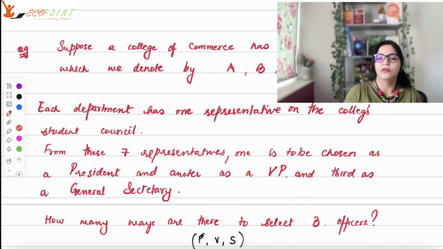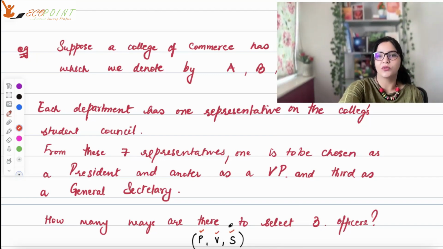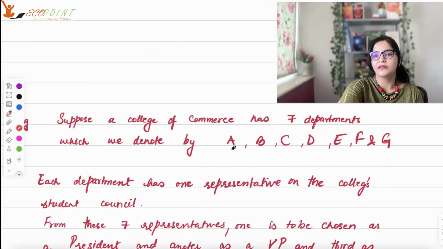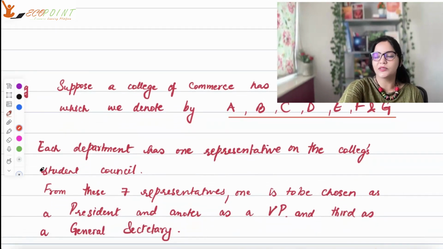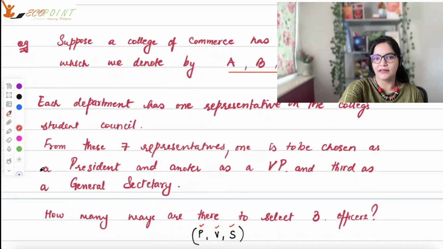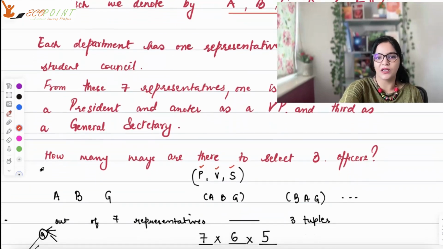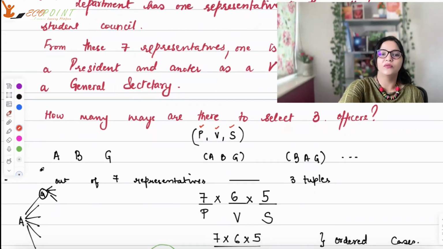So you need a president, vice president, and secretary. What options are available to us? There are A, B, C, D, E, F, G, 7 departments, and one person from each department is a representative in the council.